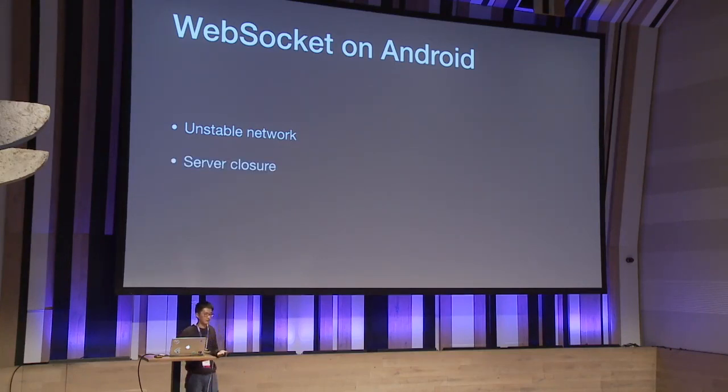The server sometimes actively terminates your connection to release resources. And when the app enters the background, you might also want to terminate the connection. And when the connection fails, sometimes we want to retry, sometimes we don't.